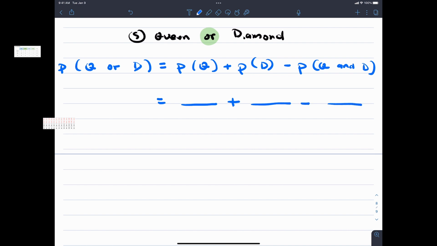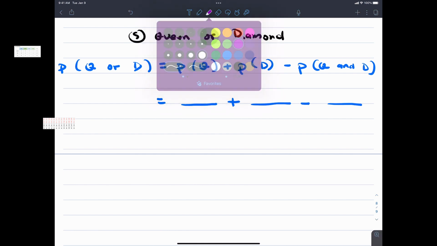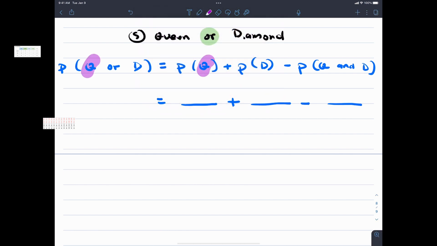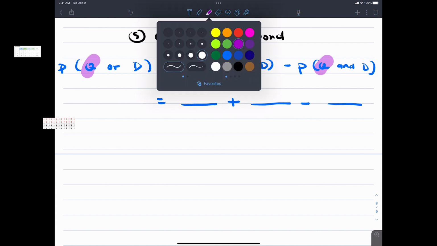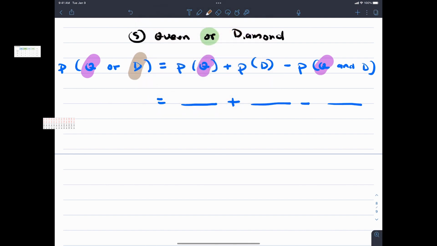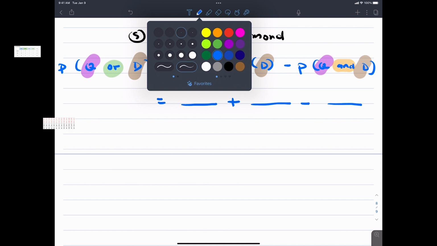Okay, so notice this. This is the addition rule for probability. And if you need to see it, I'll even put in different colors. I guess this was or, and this is the and. Remember that and? Okay. So you already know a few of these questions.